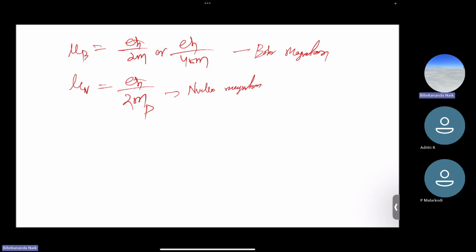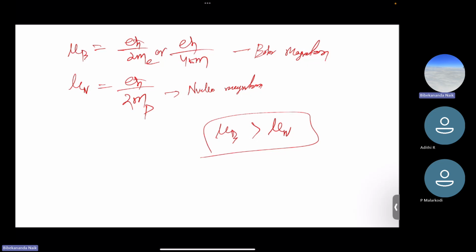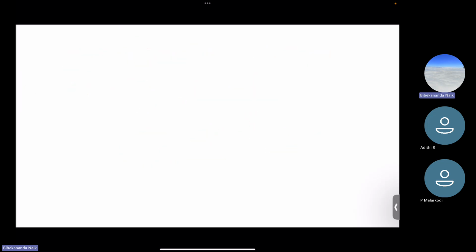Because here m is the mass of the electron. Since the mass of the electron is very small compared to the mass of the proton, the value of the Bohr magneton will be higher than the nuclear magneton. So let's solve another question related to this concept.